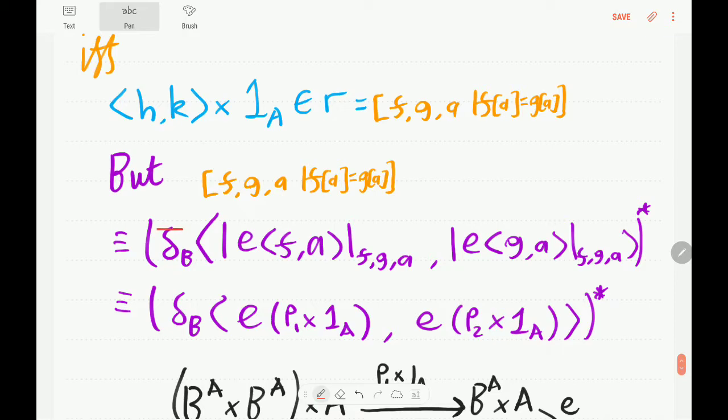So R is the subobject classified by, like, working out the interpretation and so on. It's the subobject classified by delta B of the product pair of the interpretation of E F A over F G and A and E G A over F G and A.